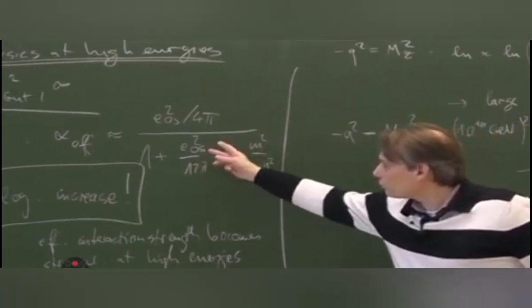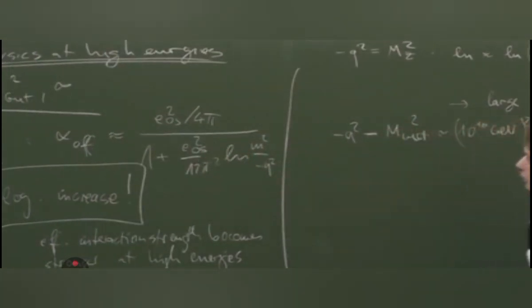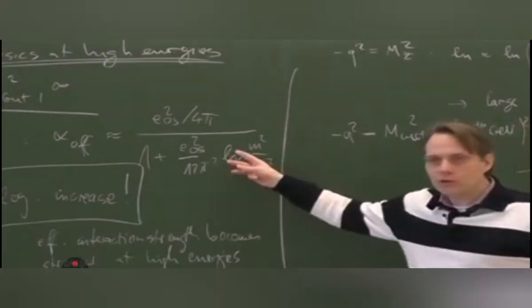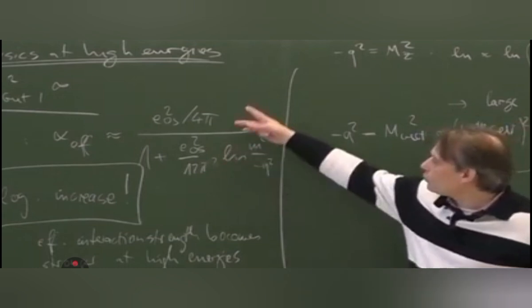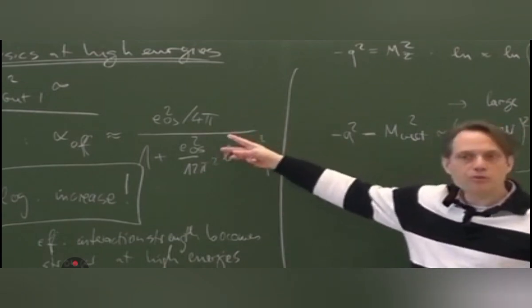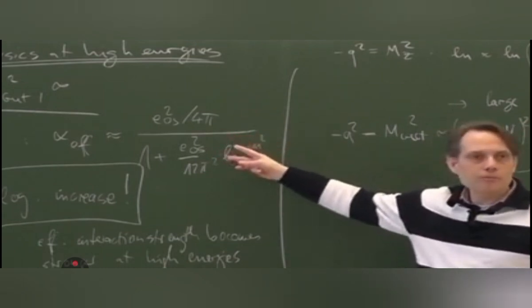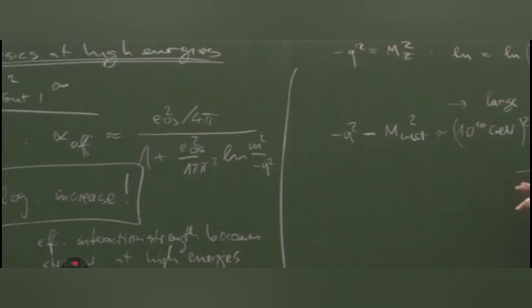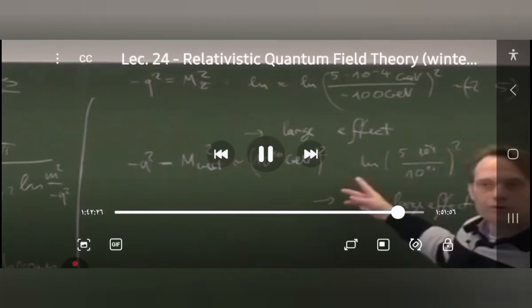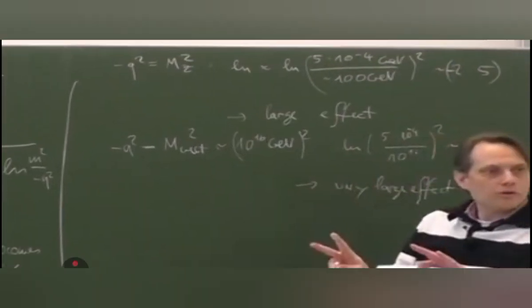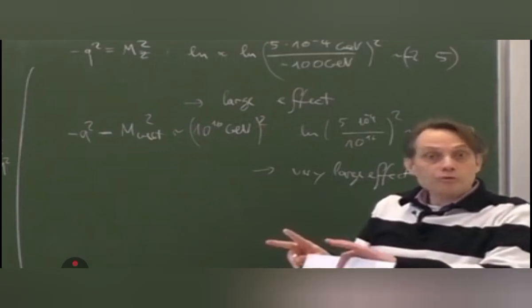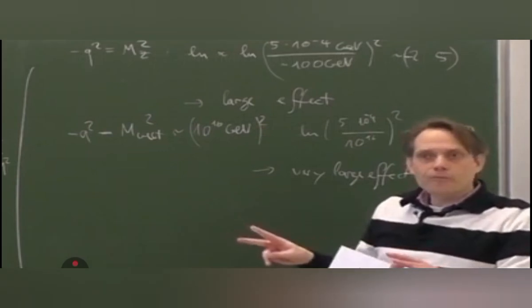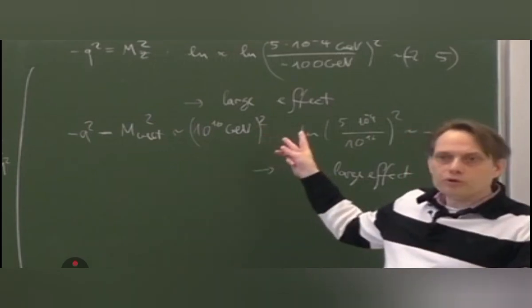The denominator could conceivably even go to 0. So the denominator can become really small, and therefore we get very large corrections to the effective interaction strength. And that shows you that it's at least plausible that at this energy scale, the electromagnetic interaction becomes equally strong as the strong interaction. And that is exactly the point of grand unification.